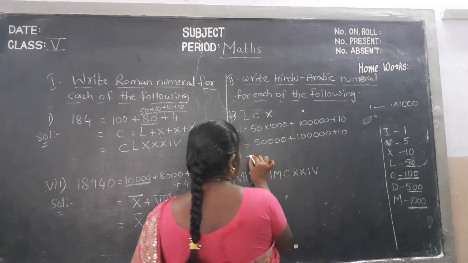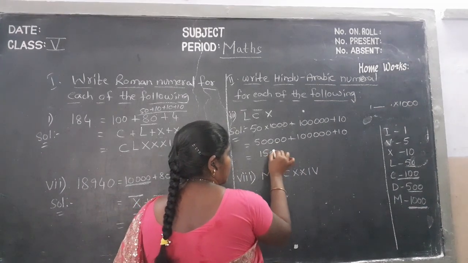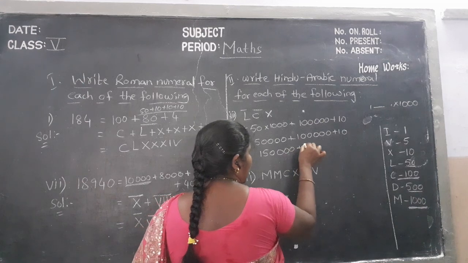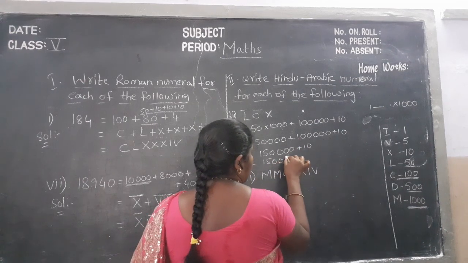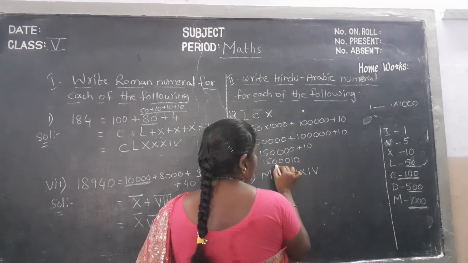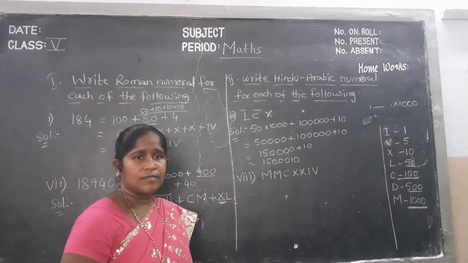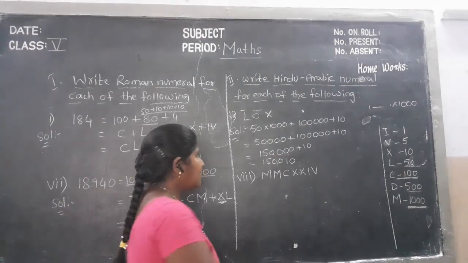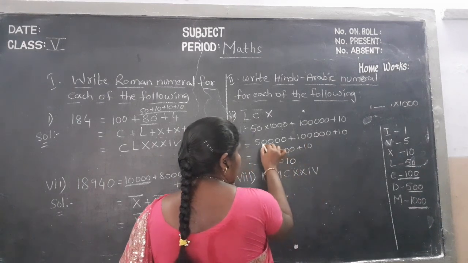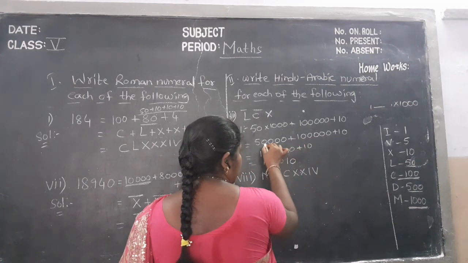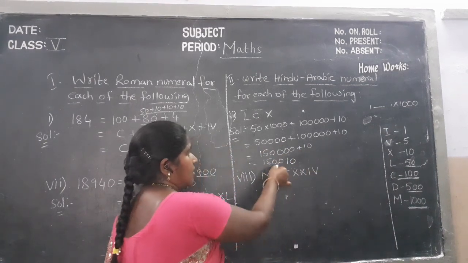So what is the total value? 100,000 plus 50,000 is 150,000, and plus 10 means 150,010.